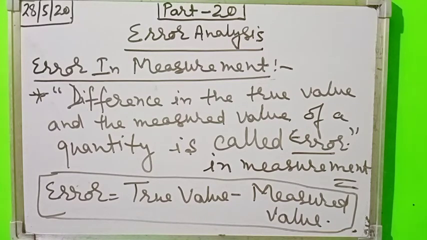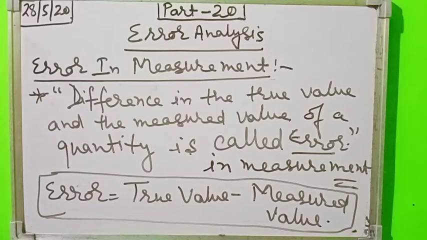That is the difference between the true value and the measured value of the quantity, called error in measurement. Error is equal to true value minus measured value. So we have seen what error is and how the error in the measurement can be determined.